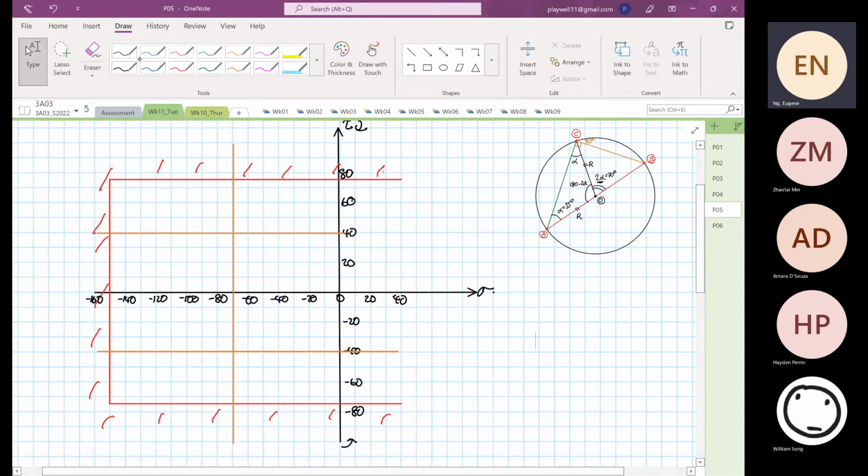We are very sure that over here, this is our point X. We know that the maximum shear is 75, so the circle cannot be more than 75.